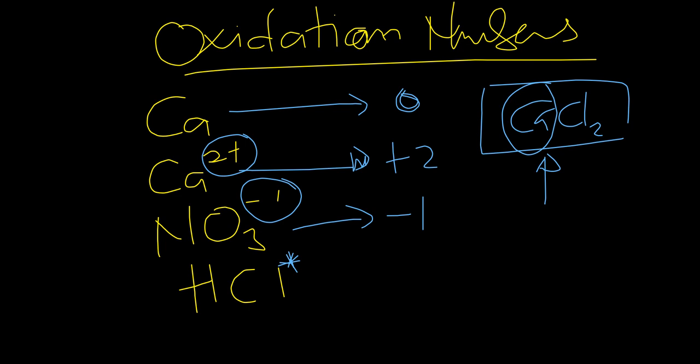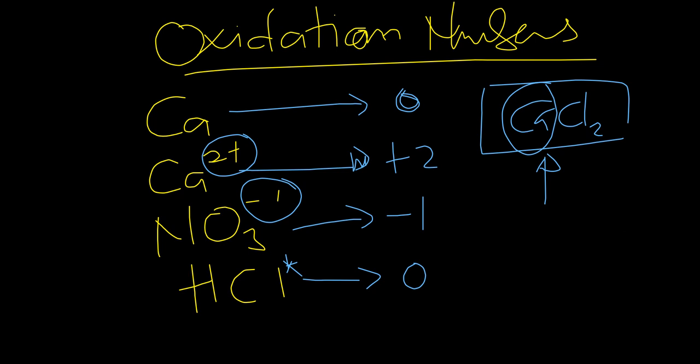So, when you do not see any number there, what it simply means is that that compound or molecule doesn't have a charge. So, in the case of this HCl, it has a charge of zero. It does not have any charge because there's no number written in the superscript. So the charge is zero.